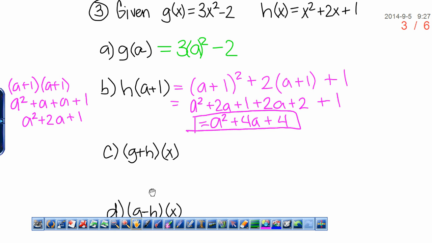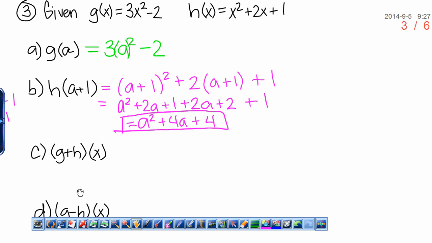Let's look at C. g plus h of x. What's that one asking us to do? Add them. Add g of x and h of x. So give that a try.